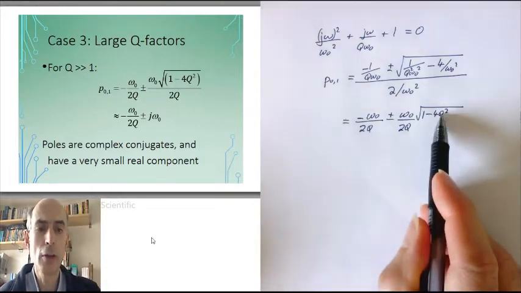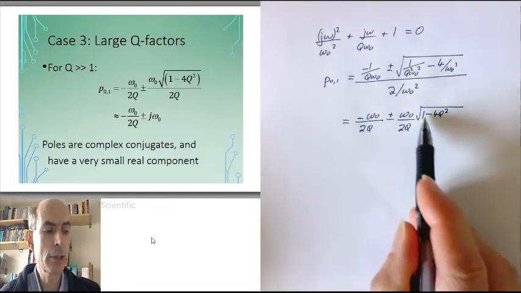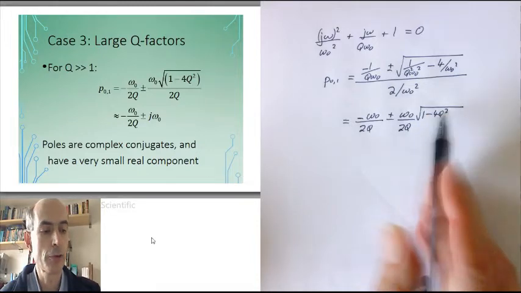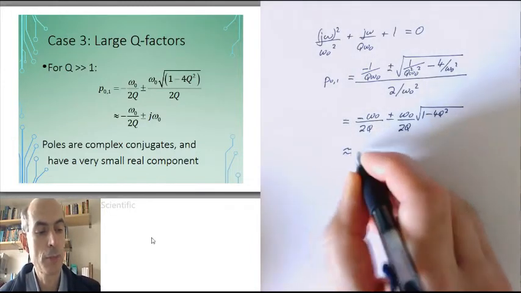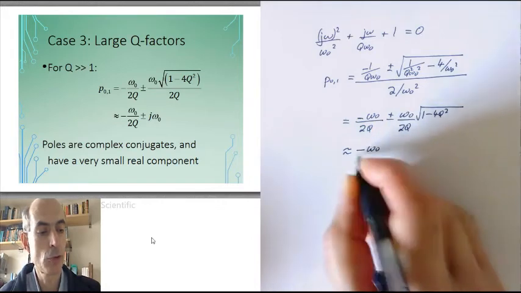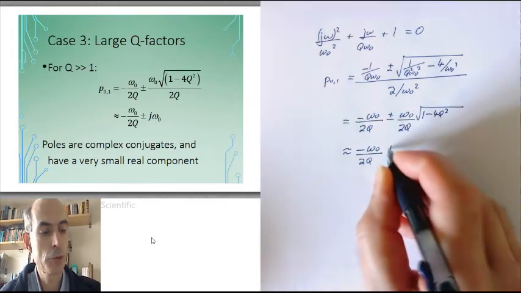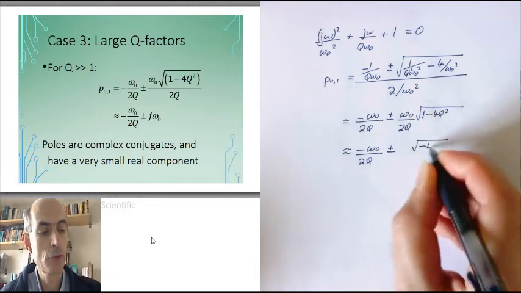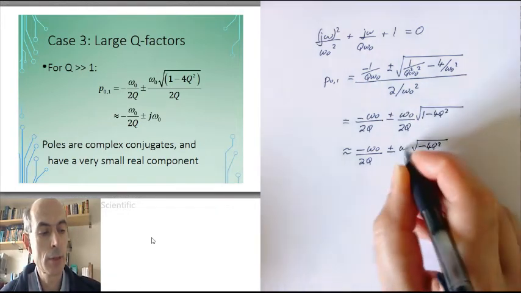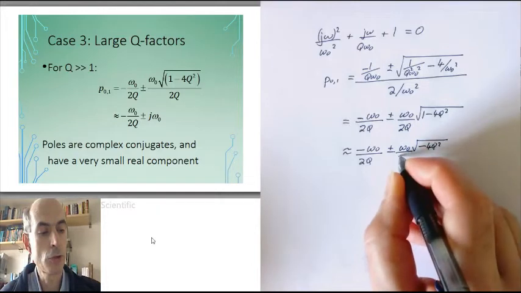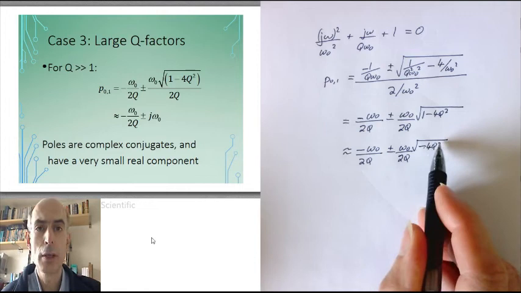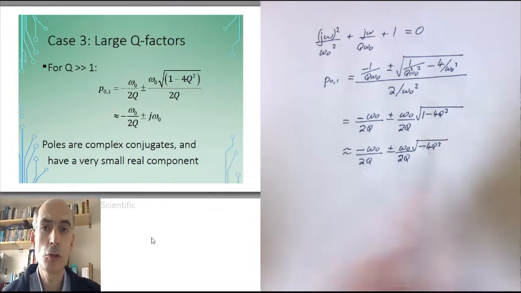When q is very large, we can now neglect the 1 in comparison with 4q squared and approximate this as minus omega naught over 2q plus or minus the square root of minus 4q squared times omega naught over 2q. The square root of minus 4q squared is j times 2q.